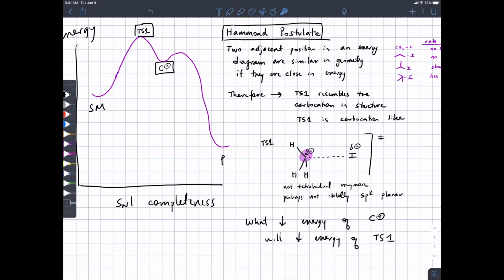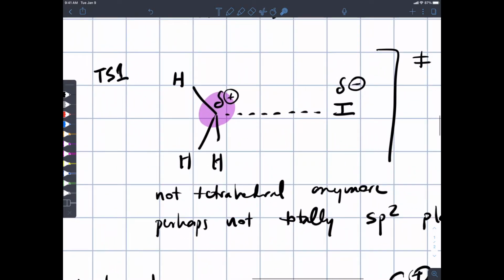Yeah, so the question is, why is the transition state higher in energy than the complete carbocation? The reason has to do with the fact that this carbon is not totally planar. So you lose the benefit of having the bond. It's already disappearing, but you've still got the repulsion from the groups not being completely trigonal planar.